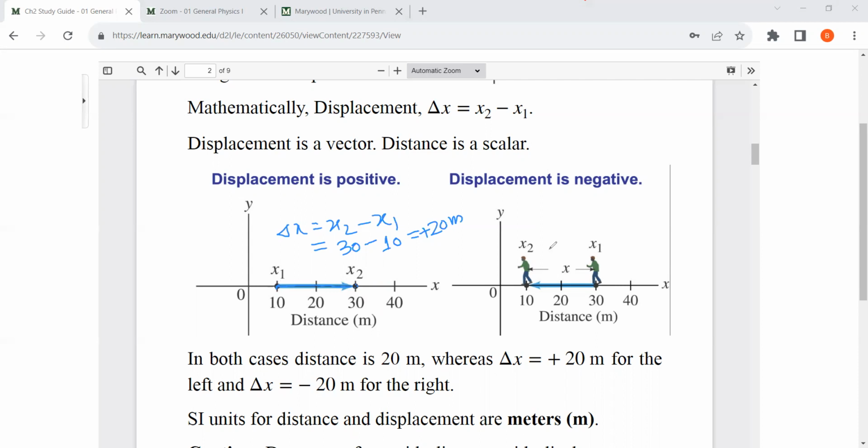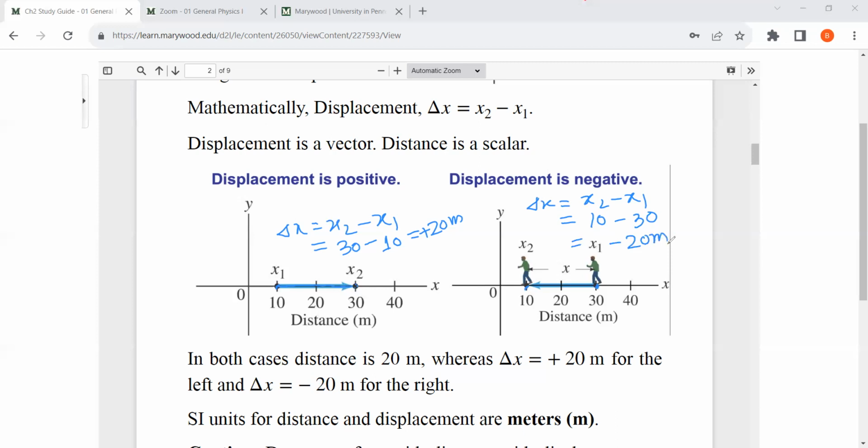Now on the right the person starts from 30, so this is x1, the initial position, and stops at 10. If I calculate x2 minus x1, I get 10 minus 30. Final minus initial always. So what you get is minus 20 meter.